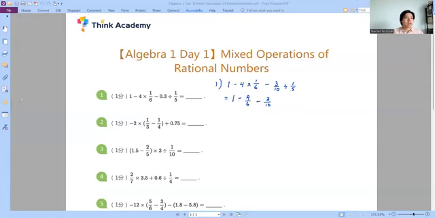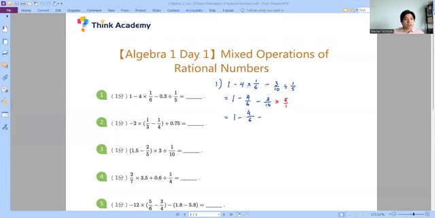Next I'm going to work on that division, but I'm going to change the division into a multiplication of the reciprocal. The reciprocal of 1 out of 5 is just going to be 5 out of 1. So moving on, it's 1 minus 4 out of 6 minus, and let's work this out.